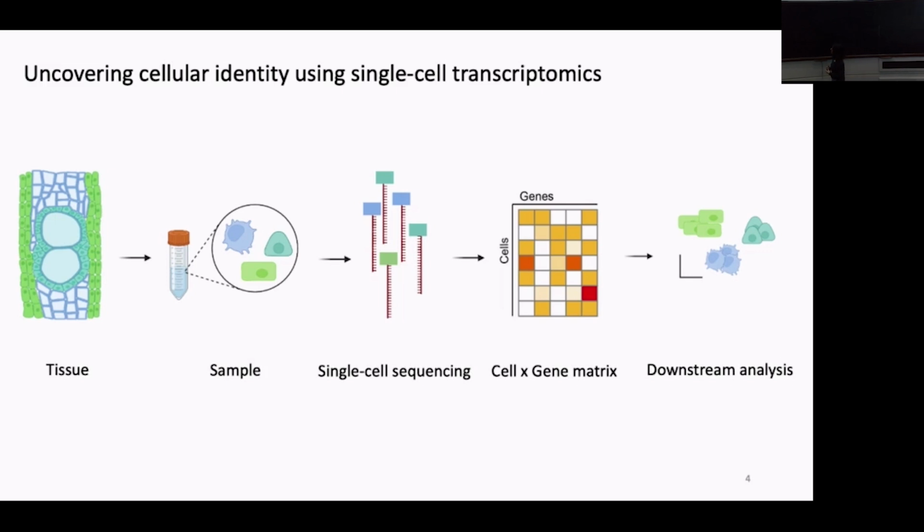What we get as the output of these sequencing technologies, which is interesting for computational people, is a cell-by-gene matrix where cells are your samples and genes are your features or variables in the data. The values in this matrix are the gene expression, for example, the number of times that the gene has been expressed in the cell. From this matrix, we would like to learn about potential patterns across cells.